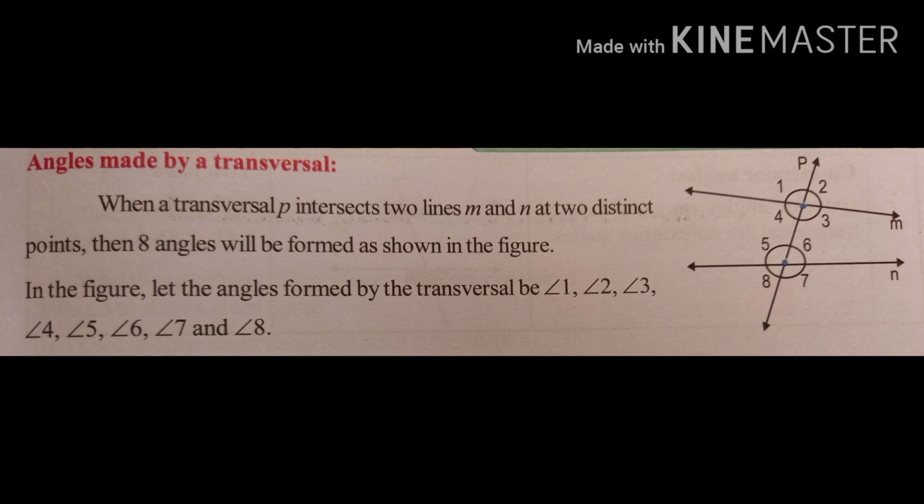What are the 8 angles? In the figure, let the angles formed by the transversal be angle 1, angle 2, angle 3, angle 4, angle 5, angle 6, angle 7, and angle 8. Total 8 angles are formed by a transversal.